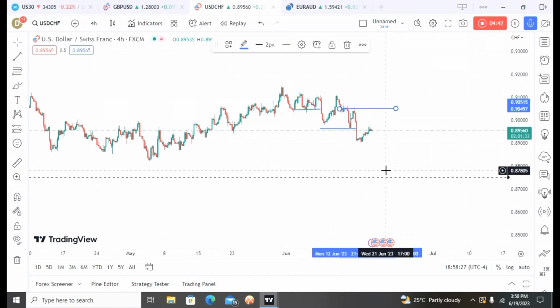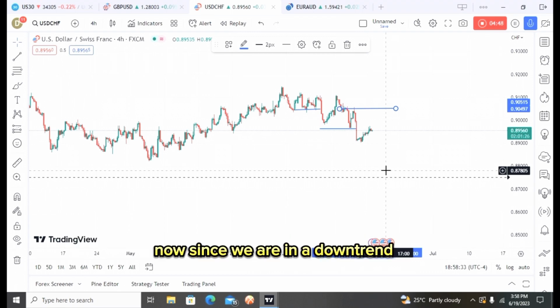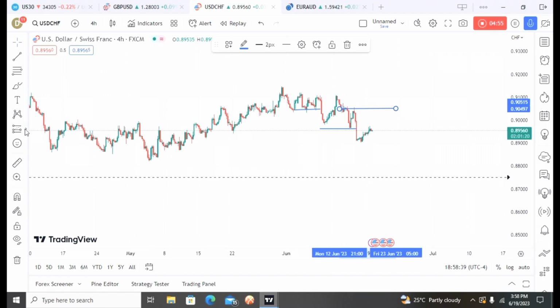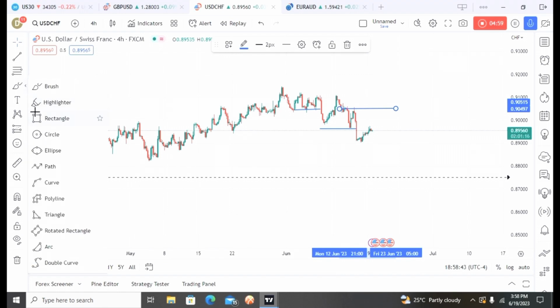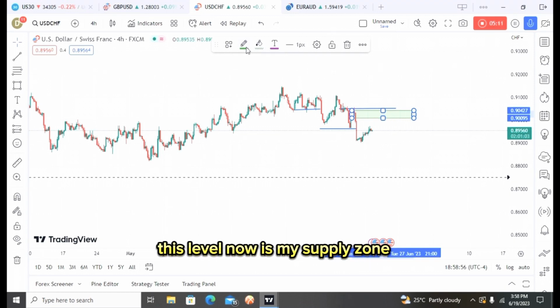And most times, the 4 hours time frame is where I identify my supply and demand zones. Now, since we are in a downtrend, I'll be looking for a supply zone. So what is my recent supply zone? This level now is my supply zone.